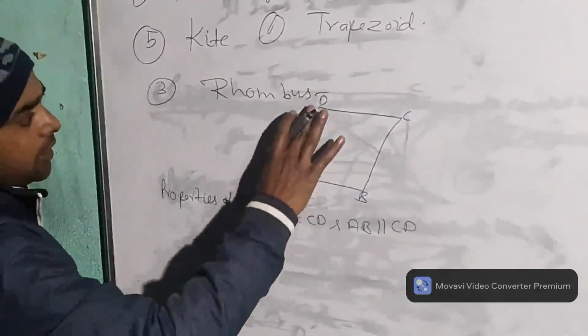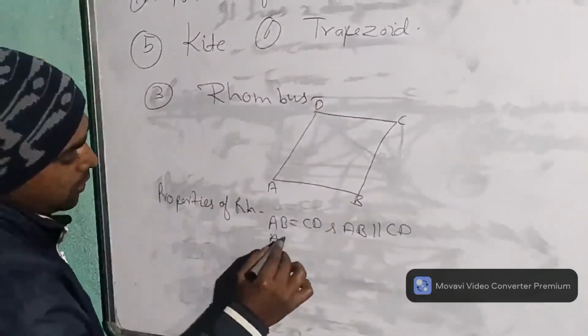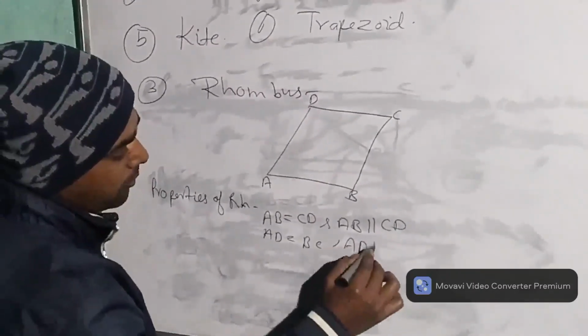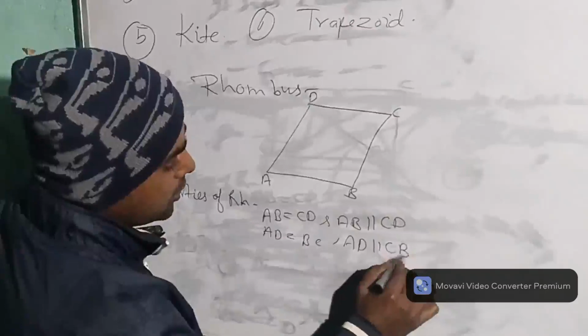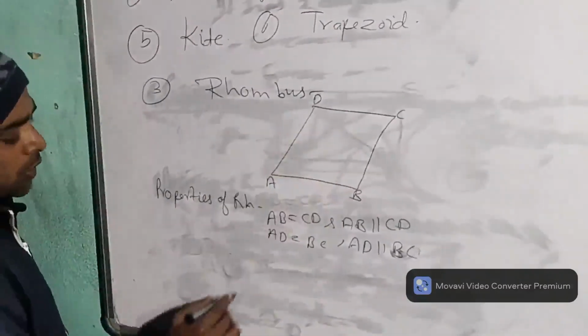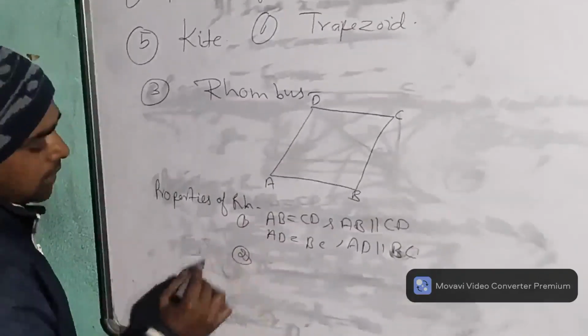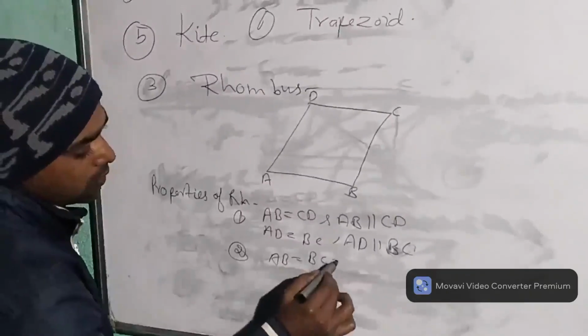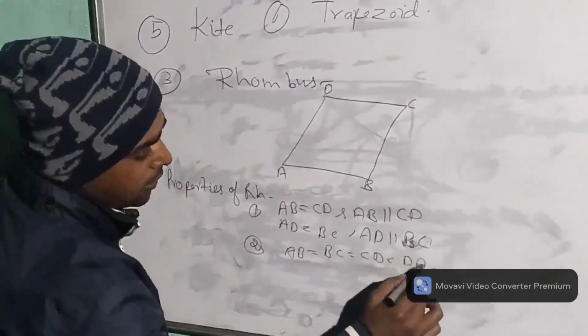And same as AD is equal to BC, and AD parallel to BC. All sides are also equal. That is, AB is equal to BC is equal to CD is equal to DA.